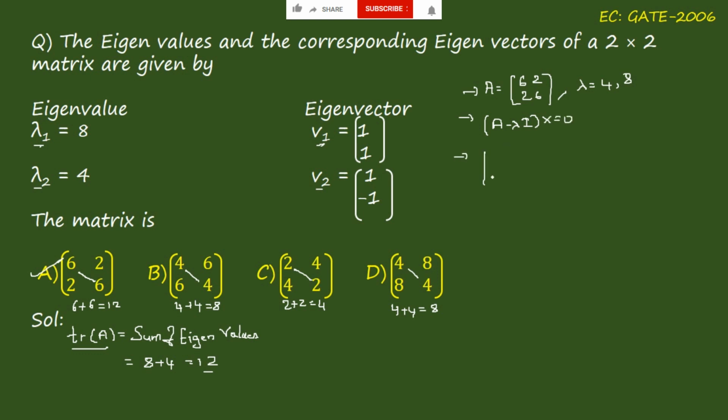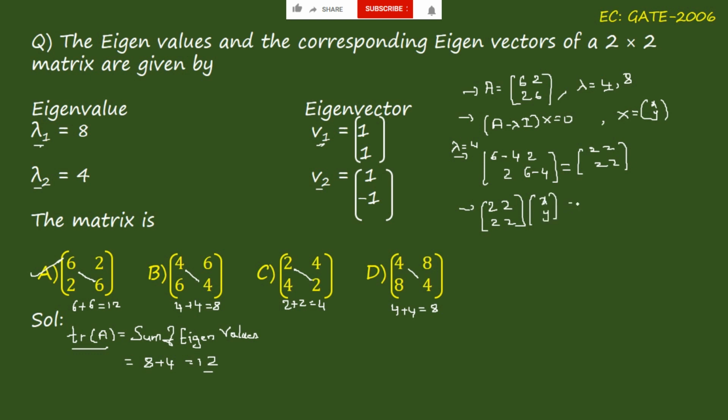Consider first when lambda is equal to 4: 6 minus 4, 2, 2, 6 minus 4. So it becomes 2 2 2 2, and you multiply with x. So we get 2 2 2 2 with x. If you consider x values as x and y, then x and y is equal to 0.